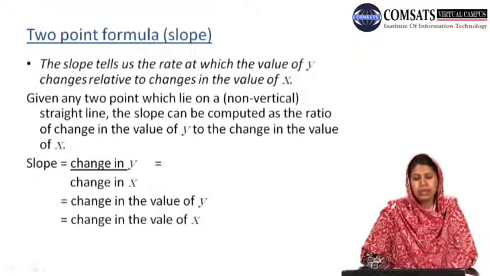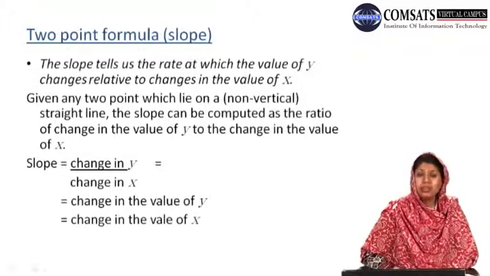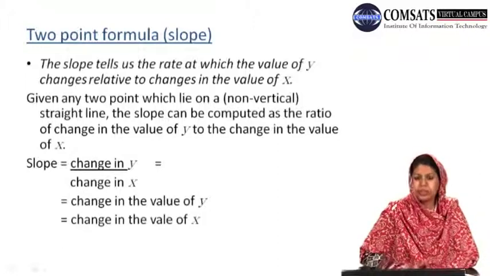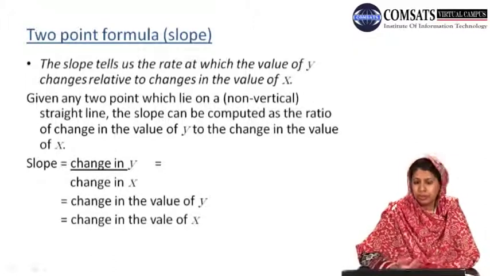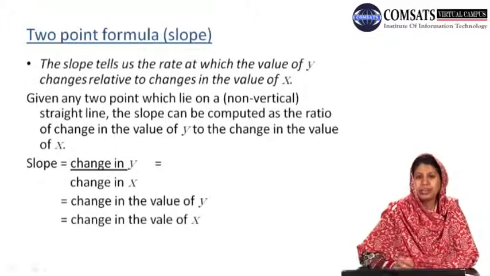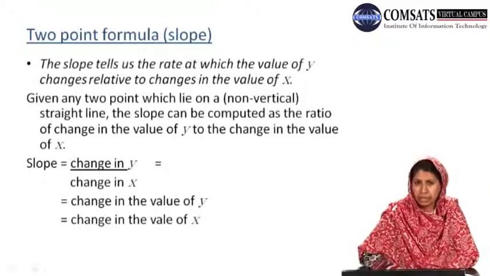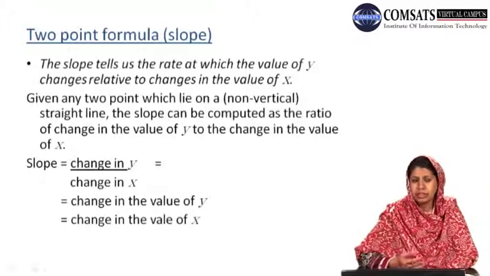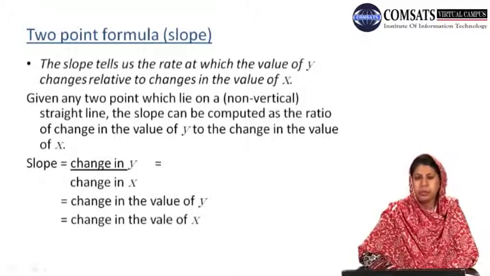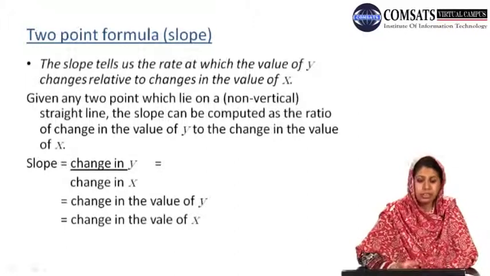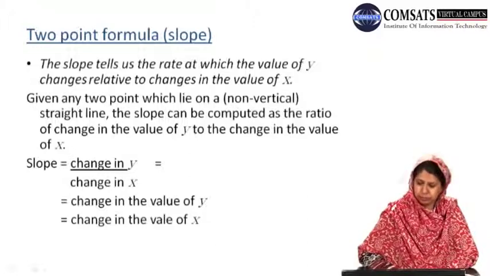What does this mean? If we are given any 2 points which lie on a non-vertical, straight line, because if the line is vertical, then the slope is undefined, then the slope can be computed as the ratio of the change in the value of y to the change in the value of x.